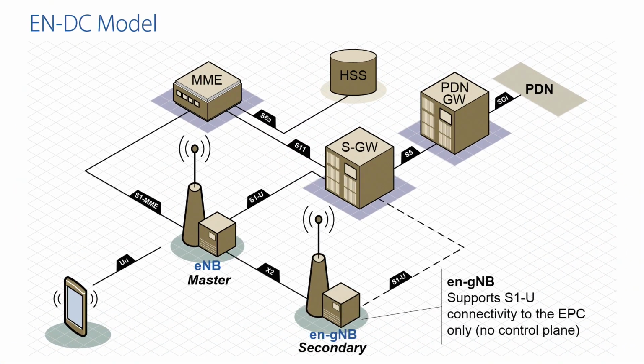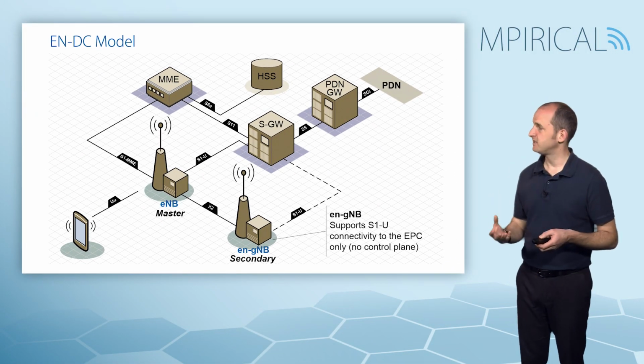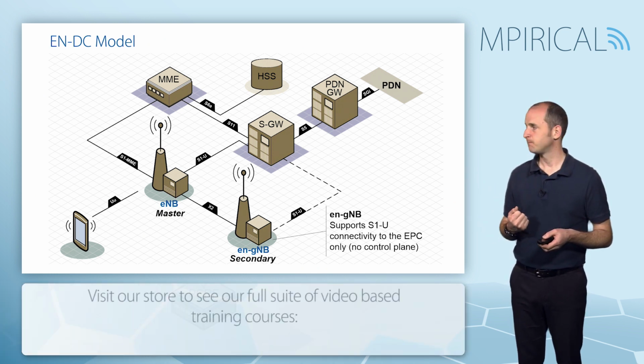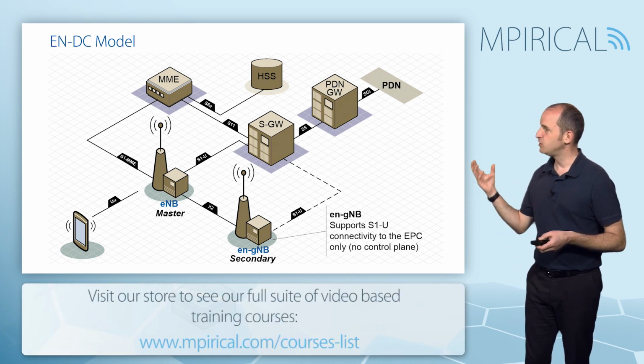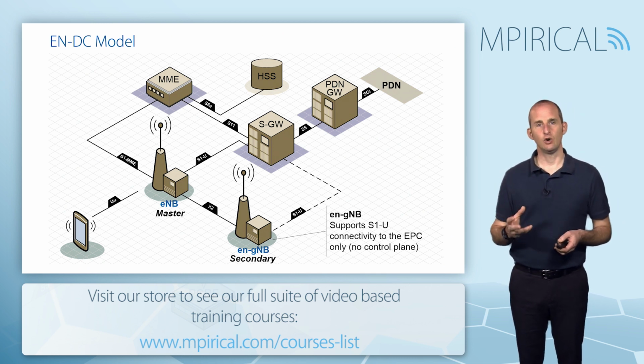And what we do is we introduce what's called an EN-gNB. So this is a flavor of a gNB which can function in the ENDC mode of operation, and it means it supports X2 connectivity with our master eNode B. So you can see that the EN-gNB is functioning as that secondary RAN node.